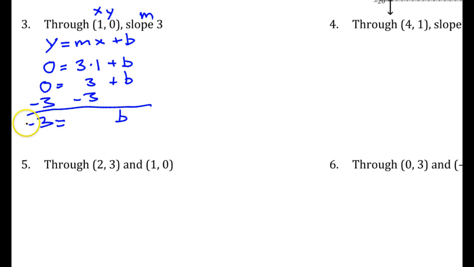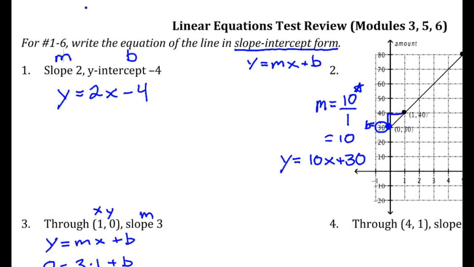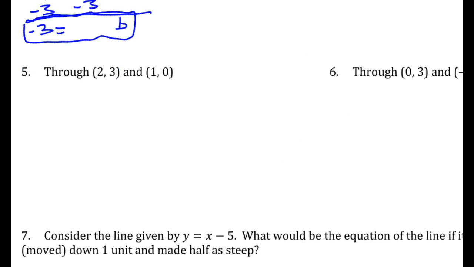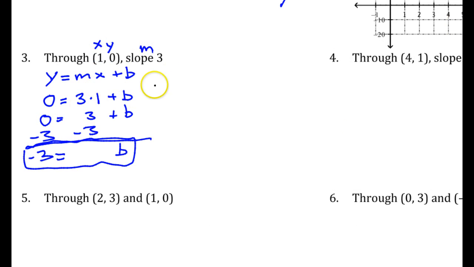Don't stop here. A few people did do this. They say, oh yeah, I got b equals negative 3. And that's good, but going back to the directions, it says write the equation of the line. B equals negative 3 is not the equation of the line, it's part of it.